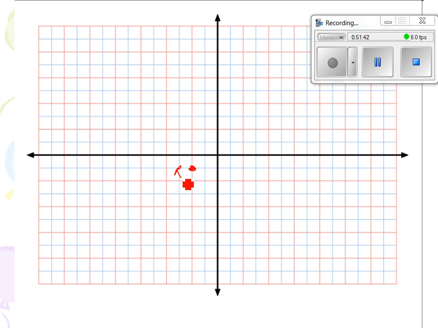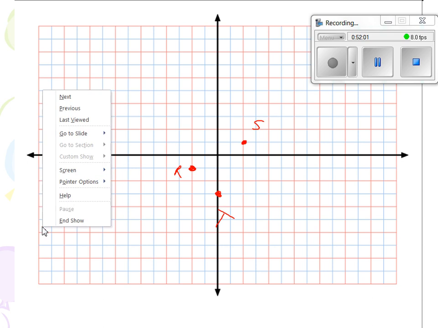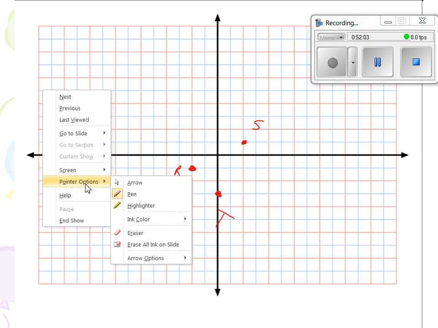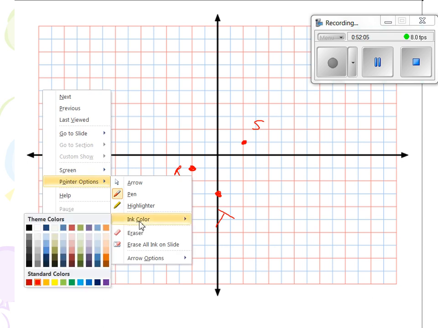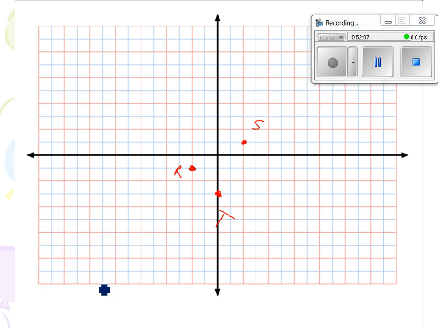That's R. It's got vertex 2, 1. That's S. 0, -3. That's T. They want all the possible other points that we could have here to make that shape into a parallelogram.